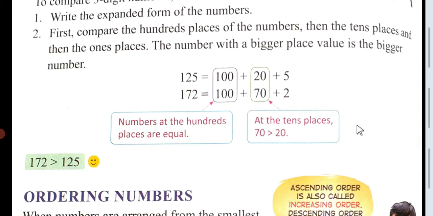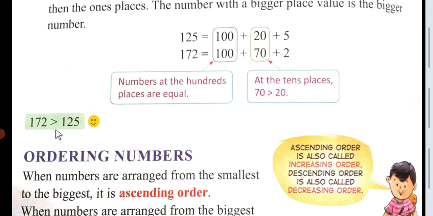Now at the tens place, 70 and 20. So 70 is bigger than 20. You will put this mark here, this side, that this is the bigger number and 20 is the smaller number. So the answer will be 172 is bigger than 125. You will make the sign like this.